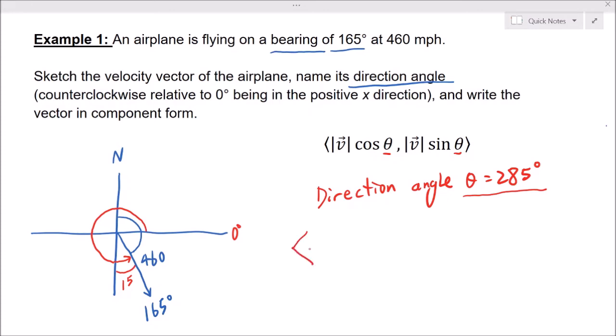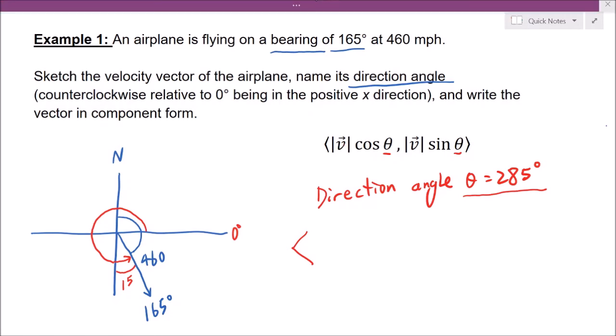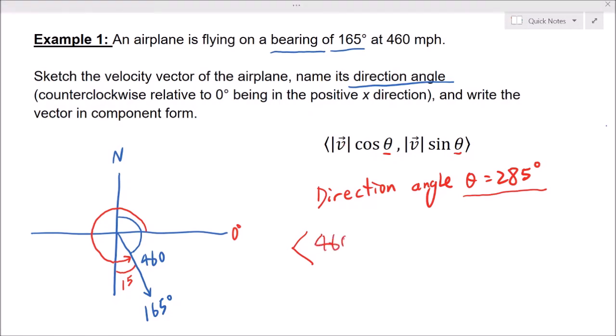So let's see. So this V in absolute value symbols, that's the magnitude, is 460 times cosine of the angle we found. Not the bearing, but the ordinary angle, right? Comma 460 times sine of 285 degrees.